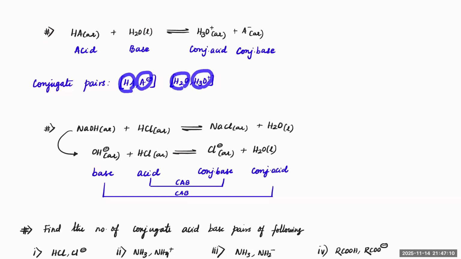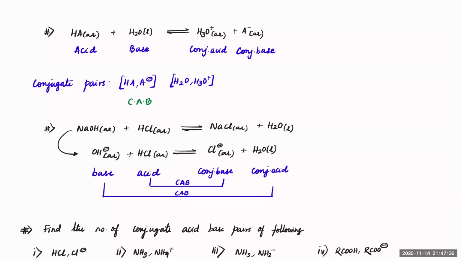This is an acid, this is a base, this is a base, this is an acid. So this is called a conjugate acid-base pair. Remember it like CAB, CAB. CAB means conjugate acid-base pair. Clear everybody? So whenever you use the word CAB, we are referring to a conjugate acid and its respective base. Clear?